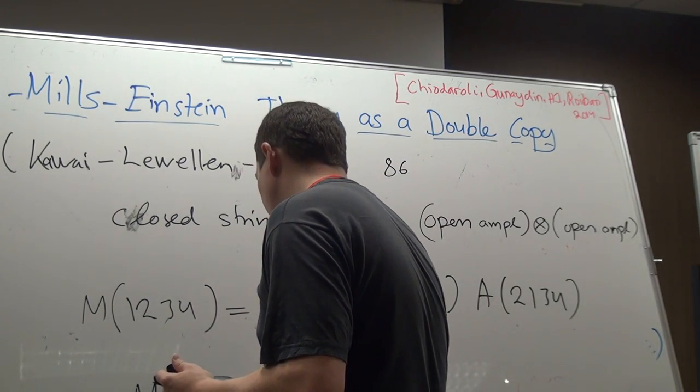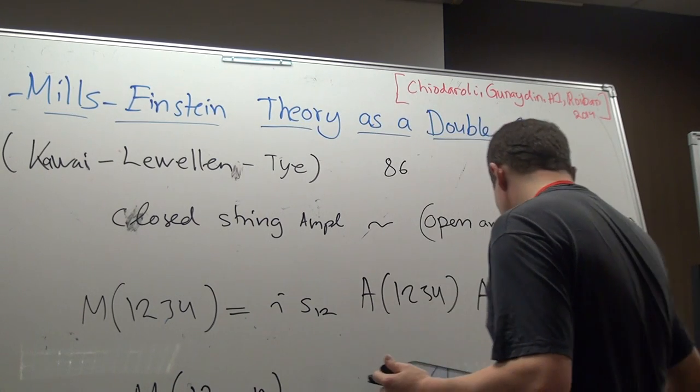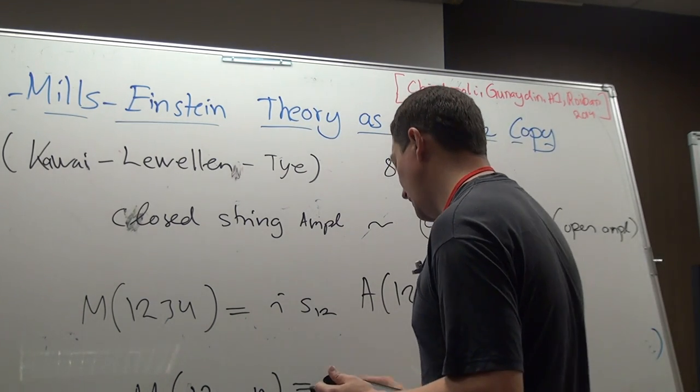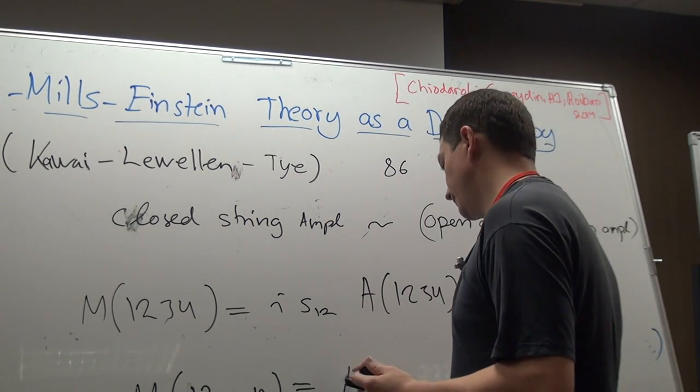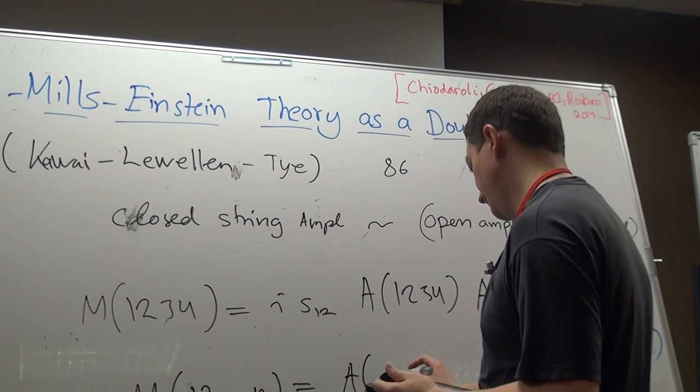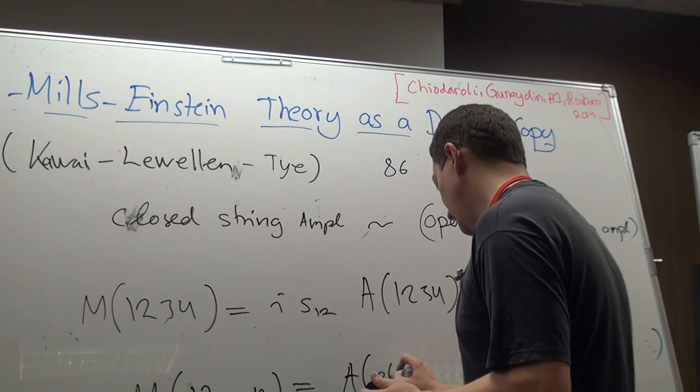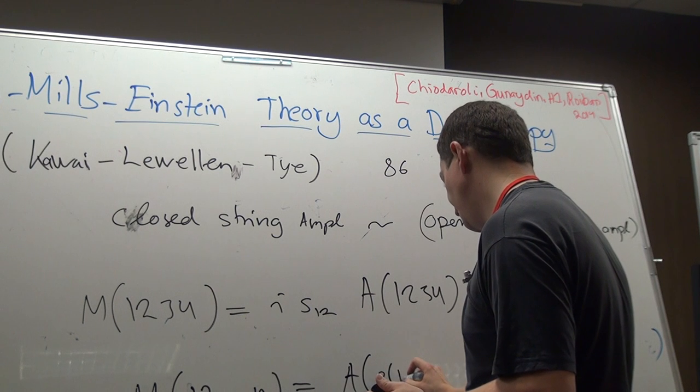So let's say you have n legs. You can write it down as, or we have different permutations.